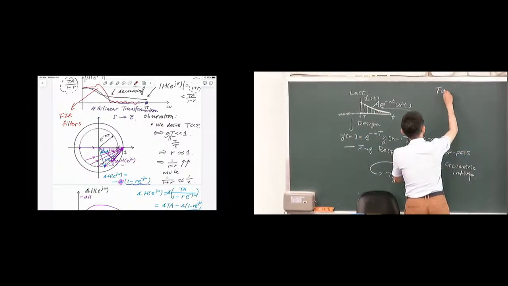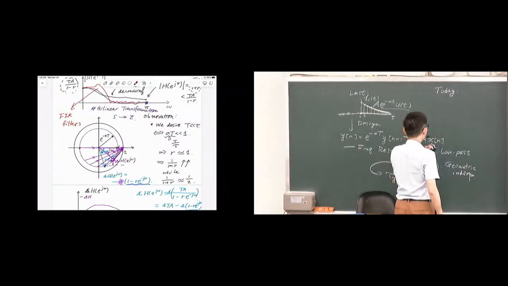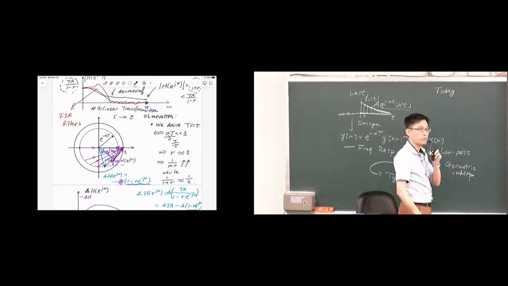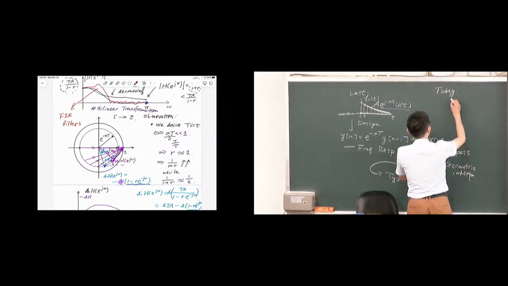Today we are going to talk about a better way of designing a filter, similarly a low-pass filter. That method is called bilinear transformation. But the idea is pretty similar.